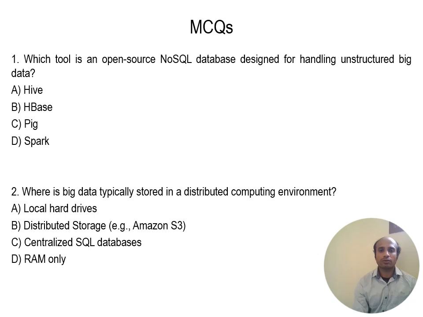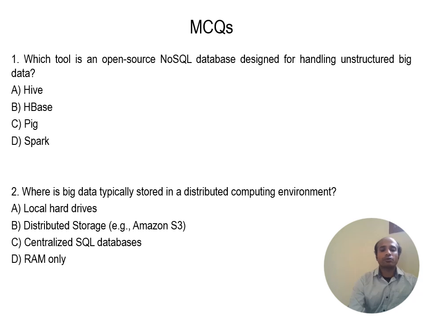Okay. So the right answer for this is HBase. We are talking about an open source NoSQL database for handling unstructured data. If you had listened from the first, you would have seen the significance of HBase. So it cannot be Hive, Pig, or Spark. They're not NoSQL databases for handling unstructured data.